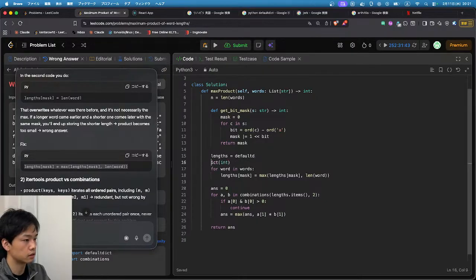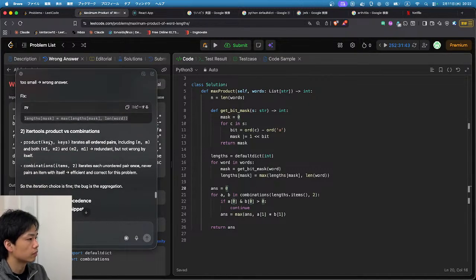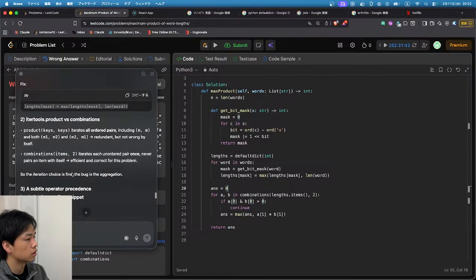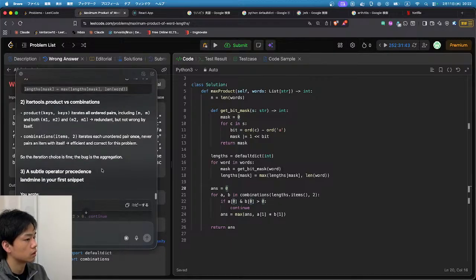Mask. Get bit mask. Word. All ordered pairs. This one is good.